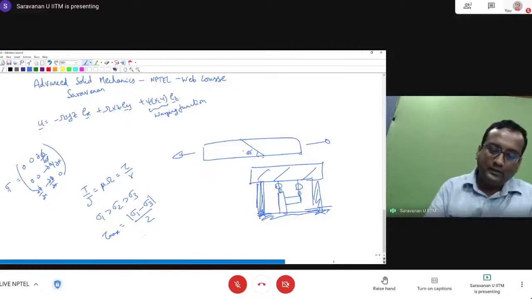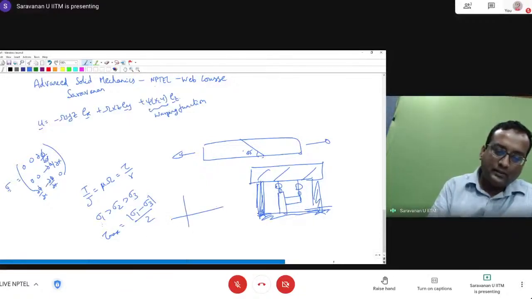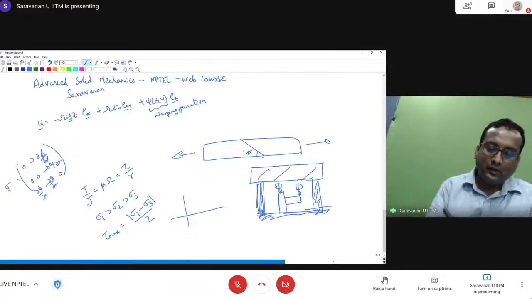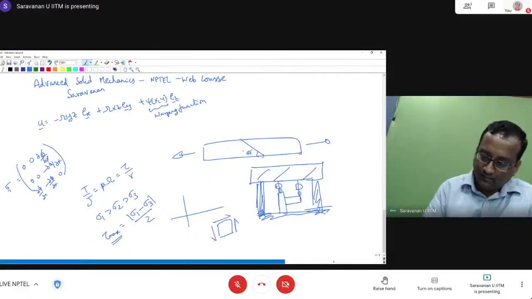The minimum is always 0, because when the principal stresses occur, the shear stress on that plane is 0. This maximum shear stress will have both positive as well as negative directions because of the complementary nature of the shear stress. So if this is positive, this is negative.